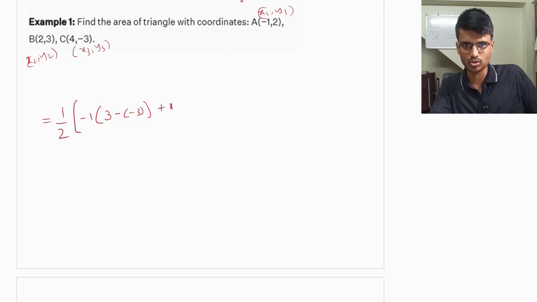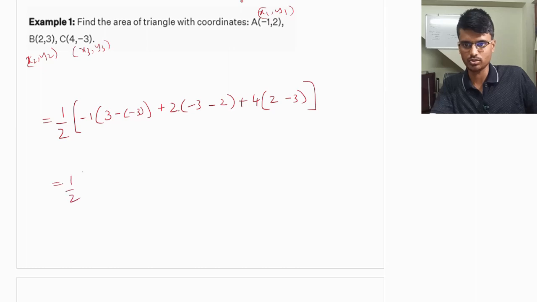Then x2, y3 minus y1. Sorry, I wrote it x2 here directly. What is x2? x2 is 2, right? Plus x3 y3 minus y1 again. Then now y1 minus y2. What is y1? Minus of y2. y2 is 3. Finished. That's it.